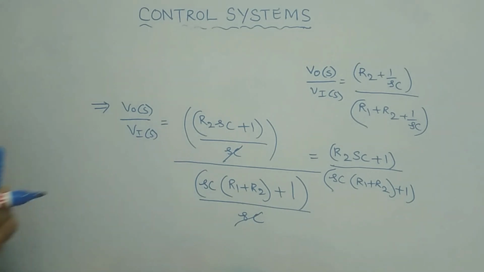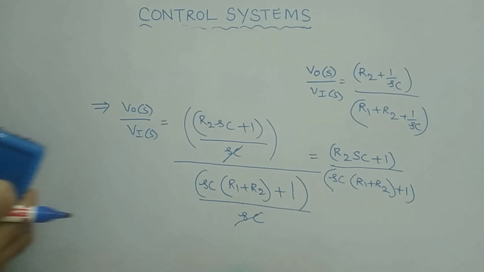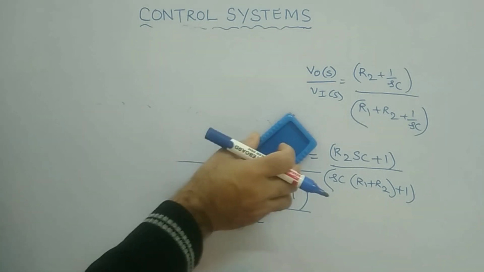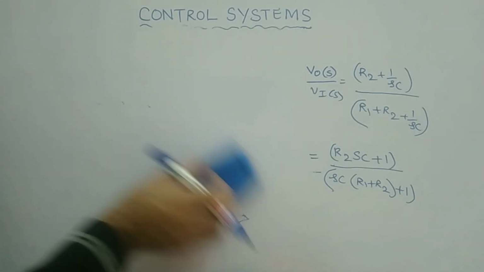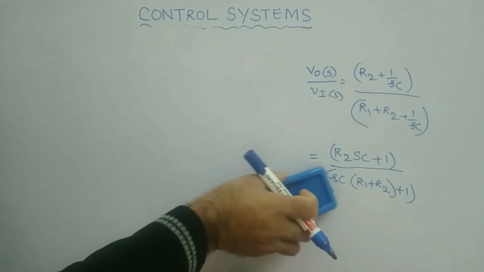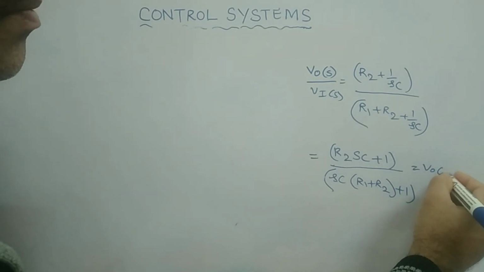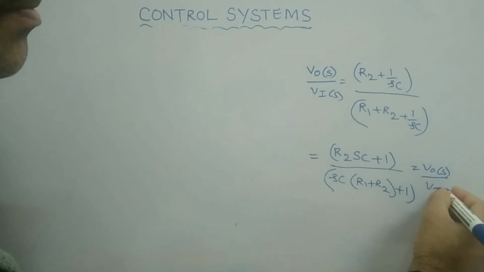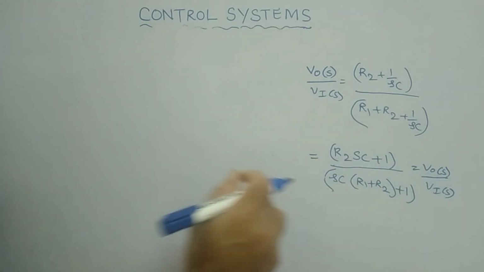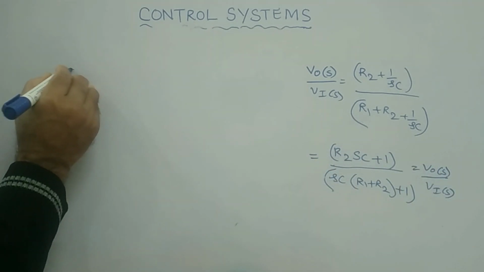And furthermore, if you solve for this, this is your expression for V naught of s by Vi of s, and further that can also be simplified.